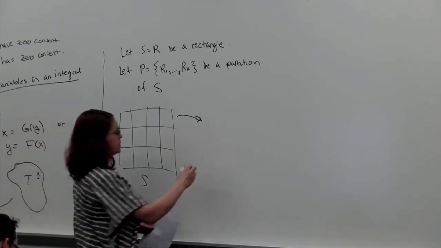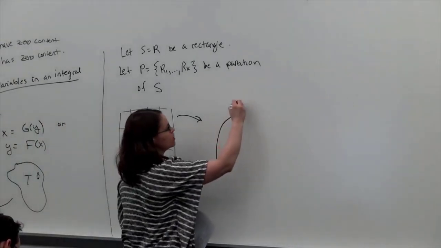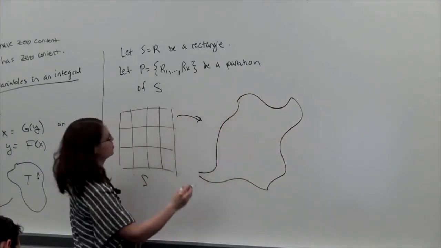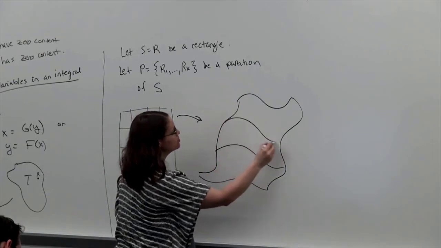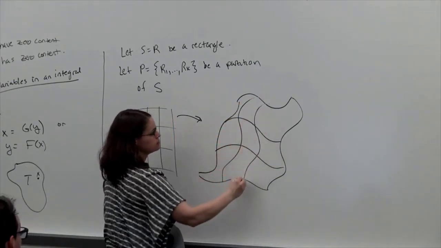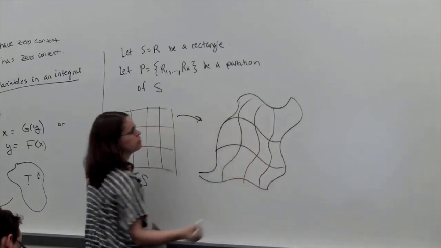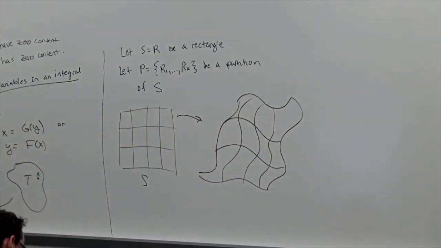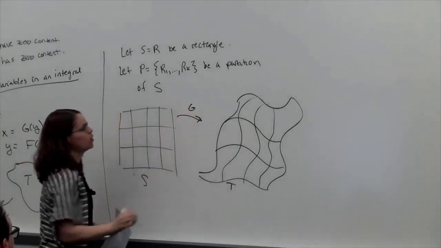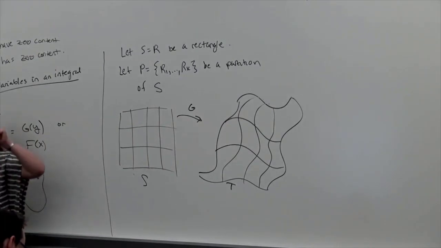So I'm going to take my set T. It's going to be whatever it is. I'm just going to draw it to look almost like a rectangle just for ease of drawing. And it's going to do something like this. Okay, and again, we're going to have a partition, I guess, if you like. It's not a real partition.